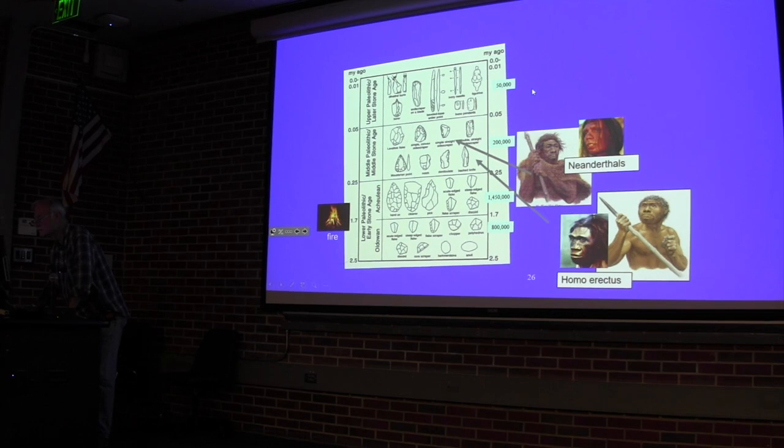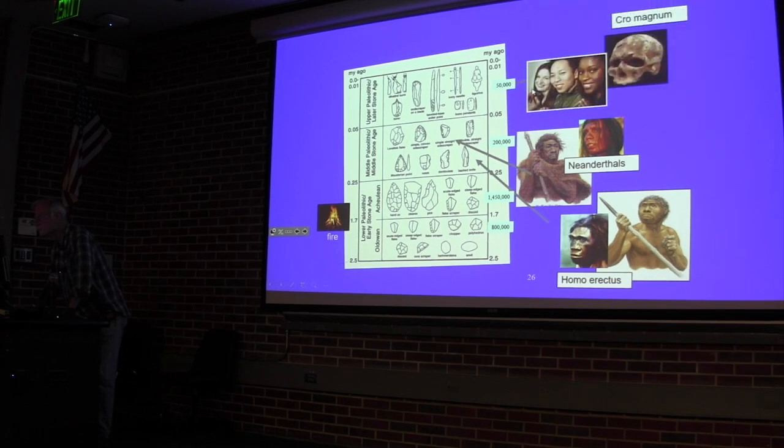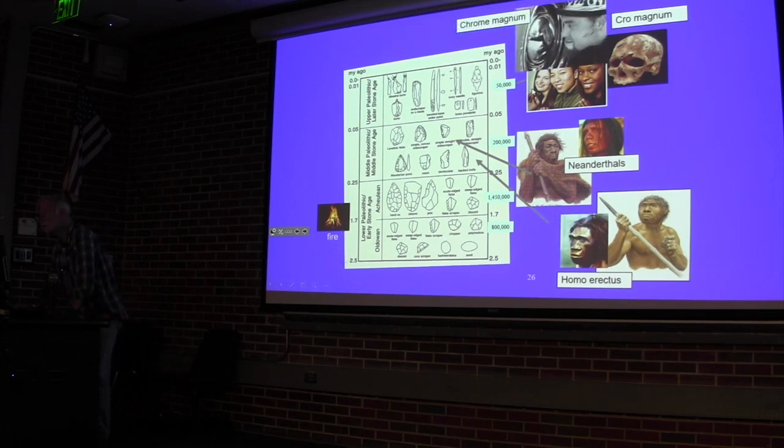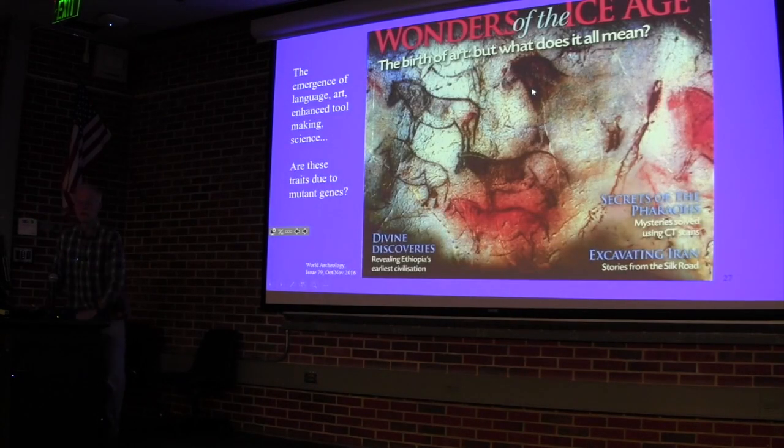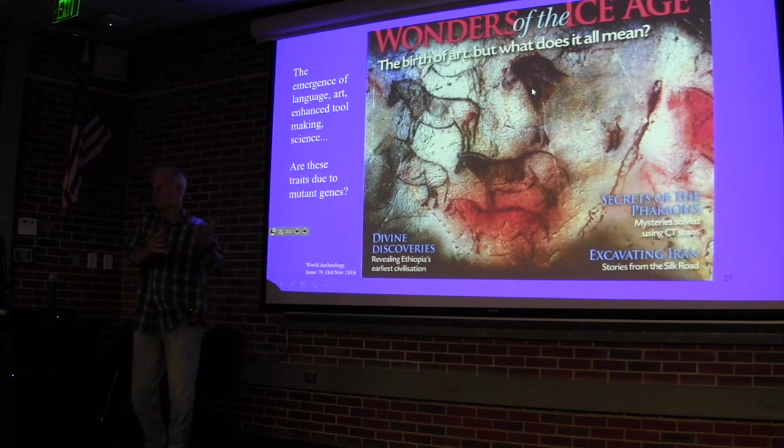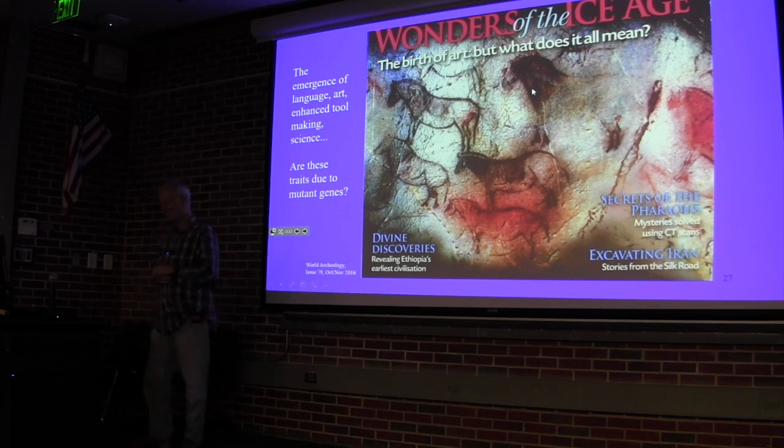Neanderthals, those charming critters. And then finally, Cro-Magnon, modern man, and all the diversity that is with us. And that cat there. Okay, so what makes us distinct from the more archaic humans? And that's a question that is driving a lot of science.